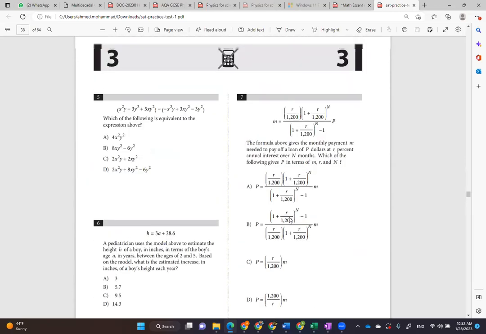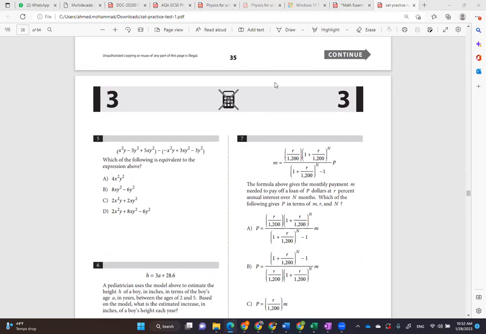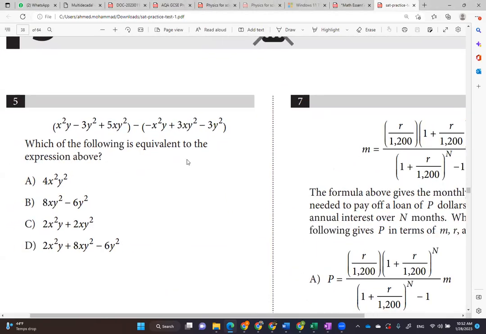Okay, can we answer 5? You see the exam, right? And you see question number 5. You need to zoom in. Zoom in. Now it's good.